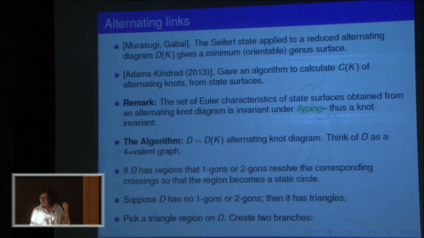Well, Murasugi was like 20 years earlier, and also Crowell. It was Crowell and Murasugi who did one proof in the 60s, and then later on there's another proof. So the point is, if you start with an oriented alternating projection and you apply Seifert's algorithm, that will give you the minimum genus over all surfaces.